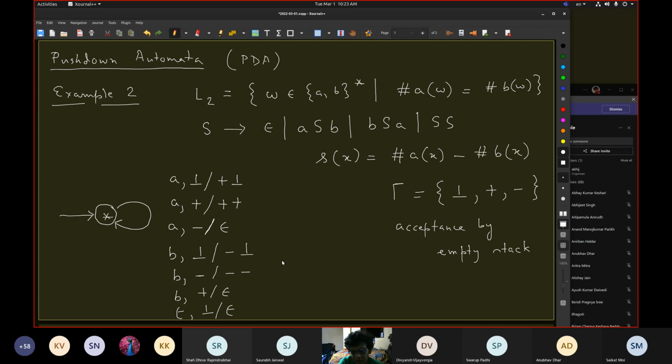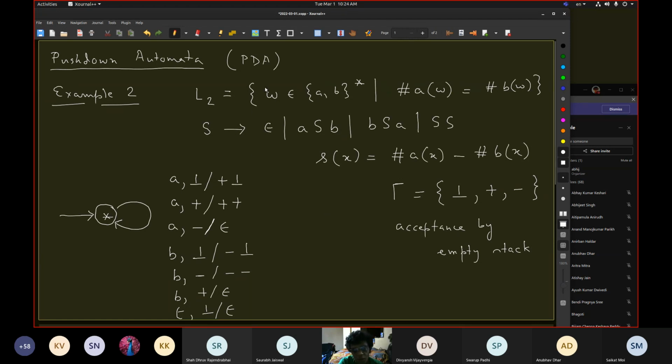Do you understand the difference? Even when the input is in this desired language, the machine can still make bad choices and end up in a non-acceptance configuration. That doesn't matter. If there exists a sequence of correct non-deterministic choices, then the machine will eventually accept by empty stack in this example.